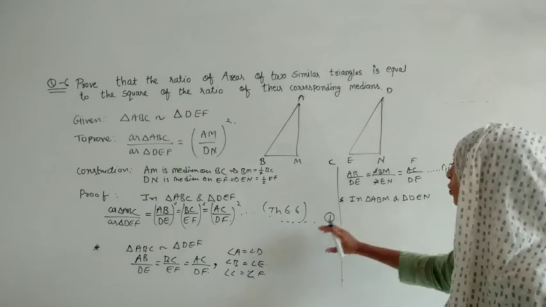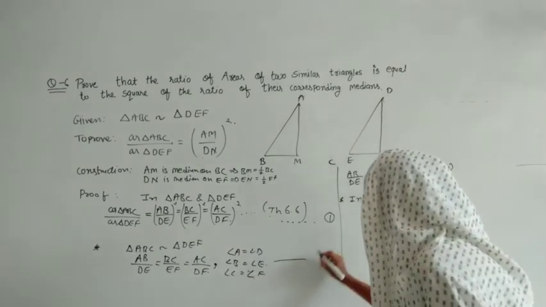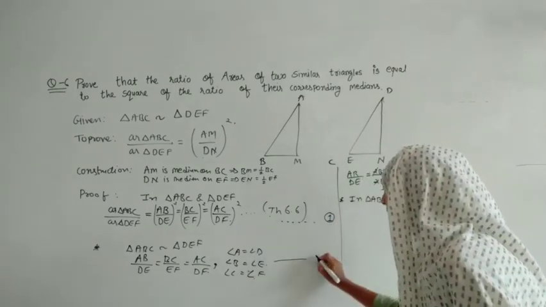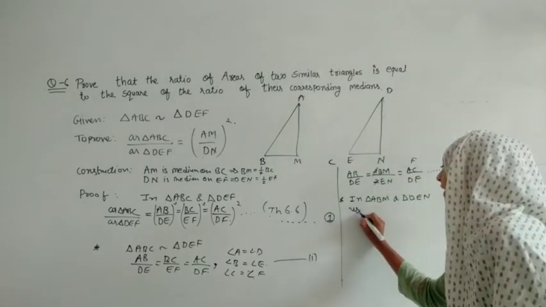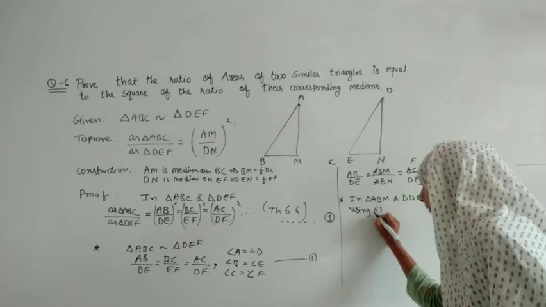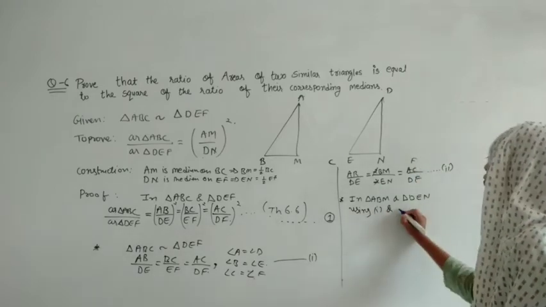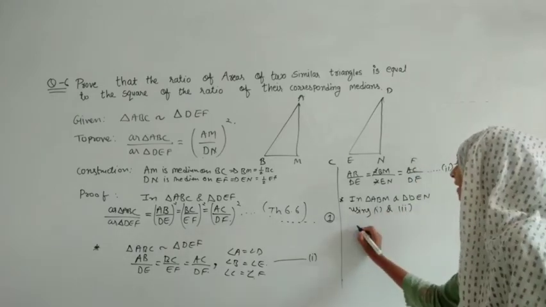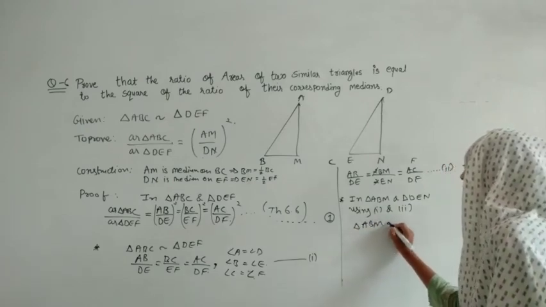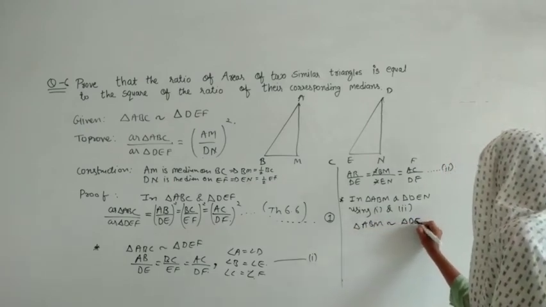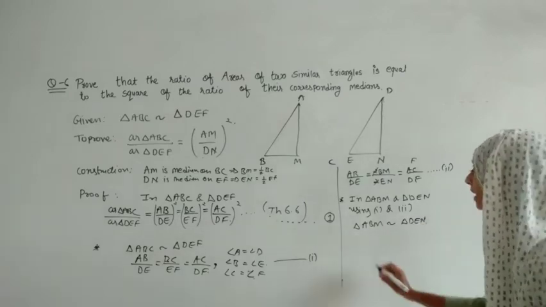we just have to use the 2. So here I have given this one as large one, but small one I will give it. And here we will write using this one and this 2. We can write triangle ABM is similar to triangle DEN. How we use it?